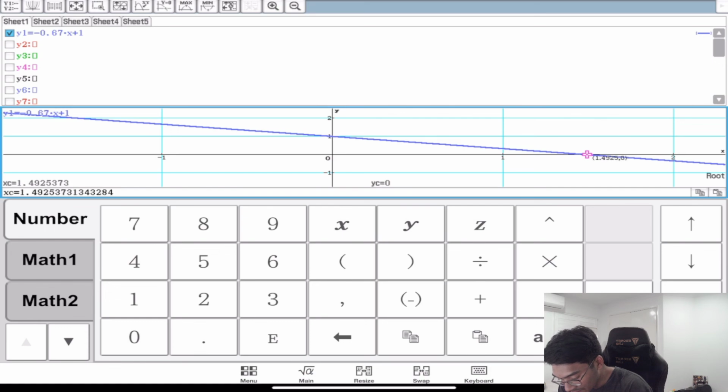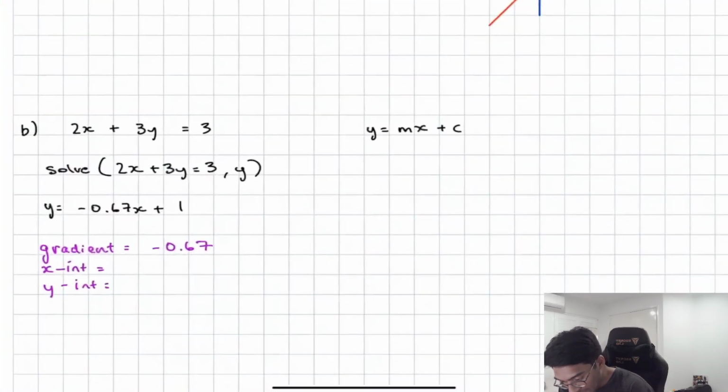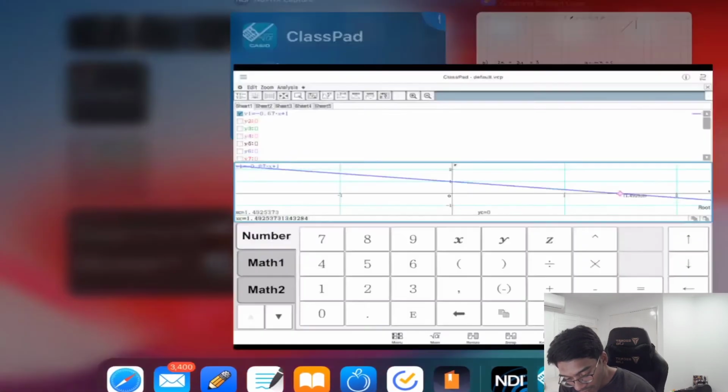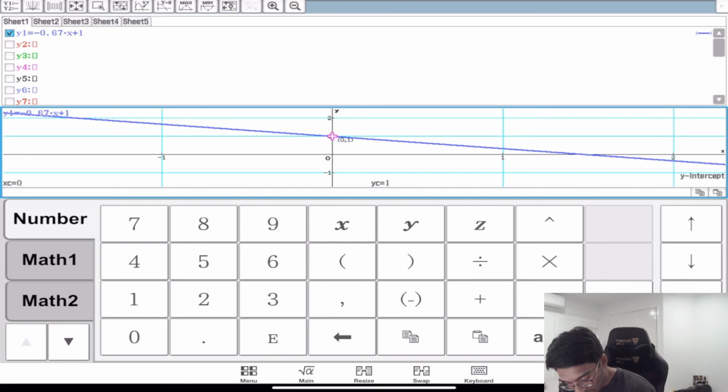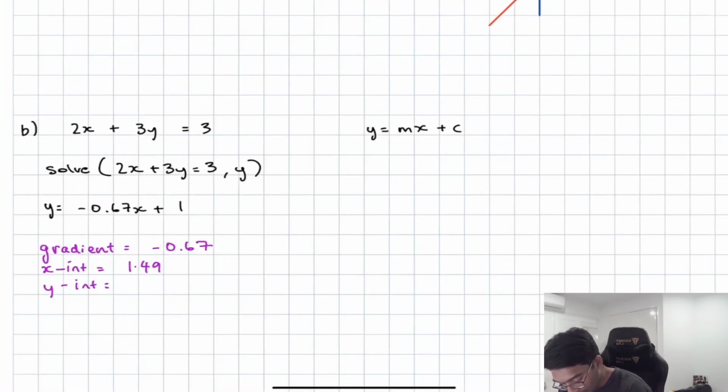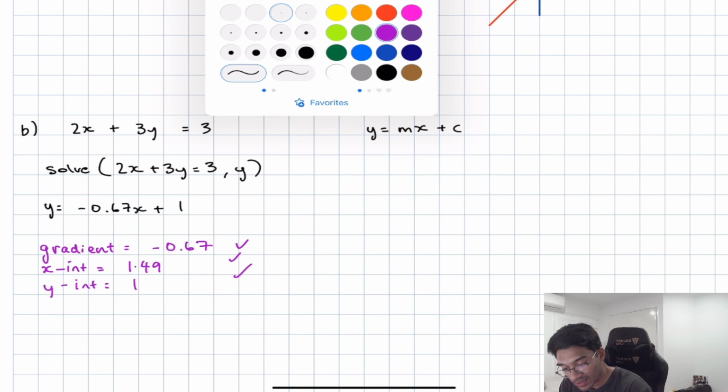I can see here x is equal to 1.49, so my x-intercept is 1.49. For my y-intercept, I go to analysis, G-solve, y-intercept, and it equals 1. So I have the 3 points that I want, and I can graph it exactly the same as before.